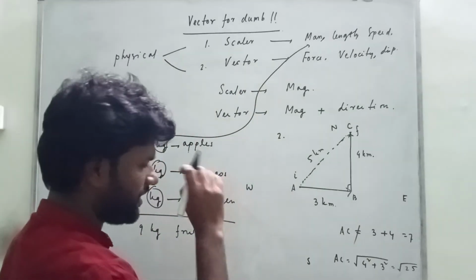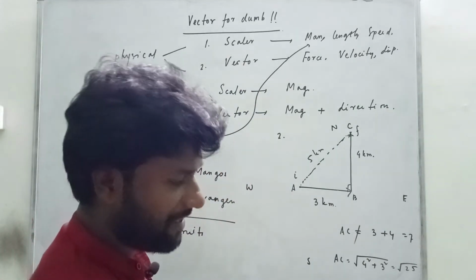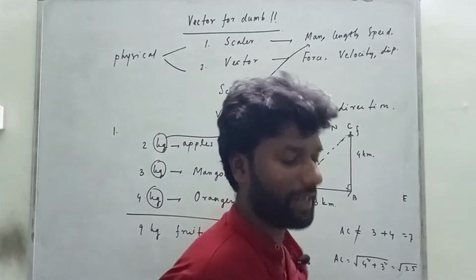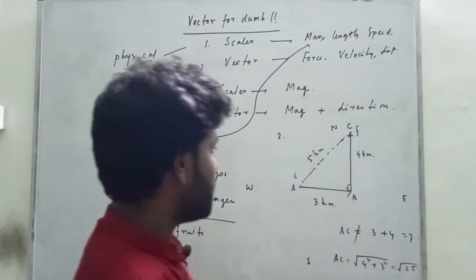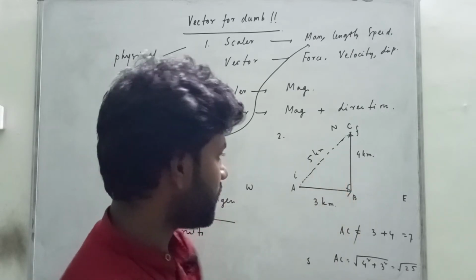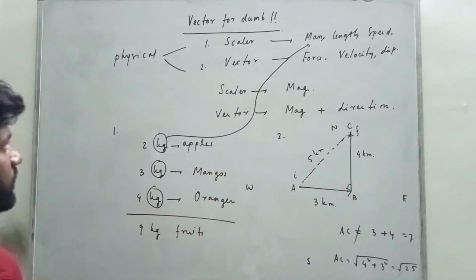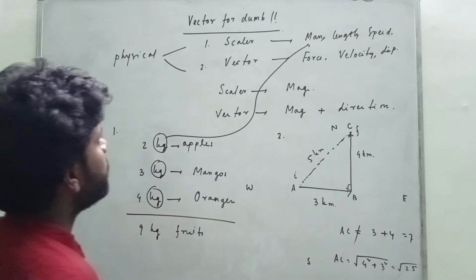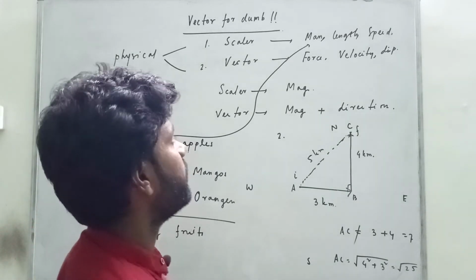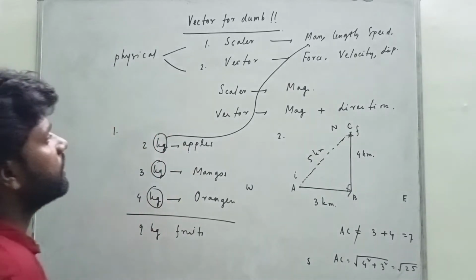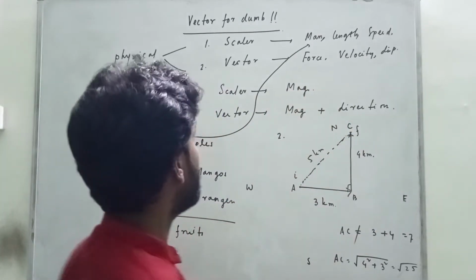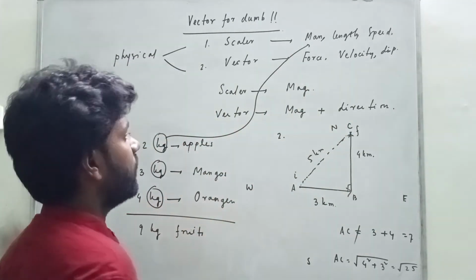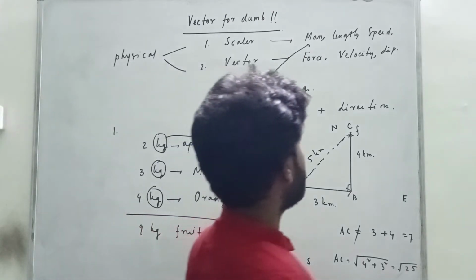You can also give it a harder name, quantum algebra. Okay, just ignore the name quantum, it's vector algebra, right? So the complete difference between scalar and vector is not only that scalar has only magnitude and vector has magnitude as well as direction.